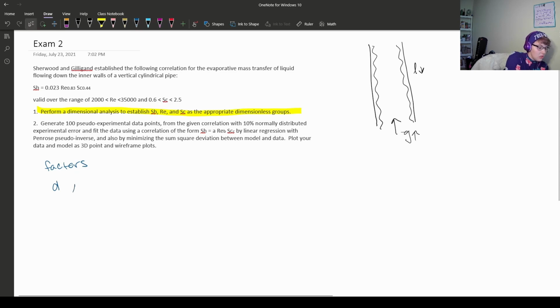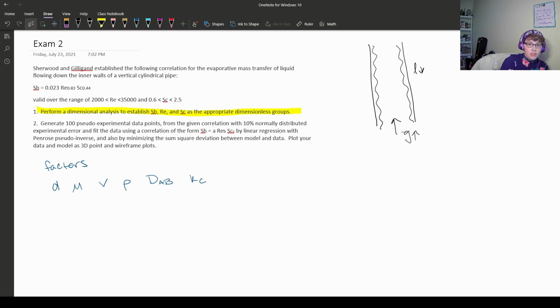That can include the viscosity of the liquid, the flow rate of the liquid, and the density of the liquid. And then aside from that, we have the parameters affecting the interactions between the gas and the liquid, and that is the Maxwell-Stefan diffusion coefficient and the mass transfer coefficient.